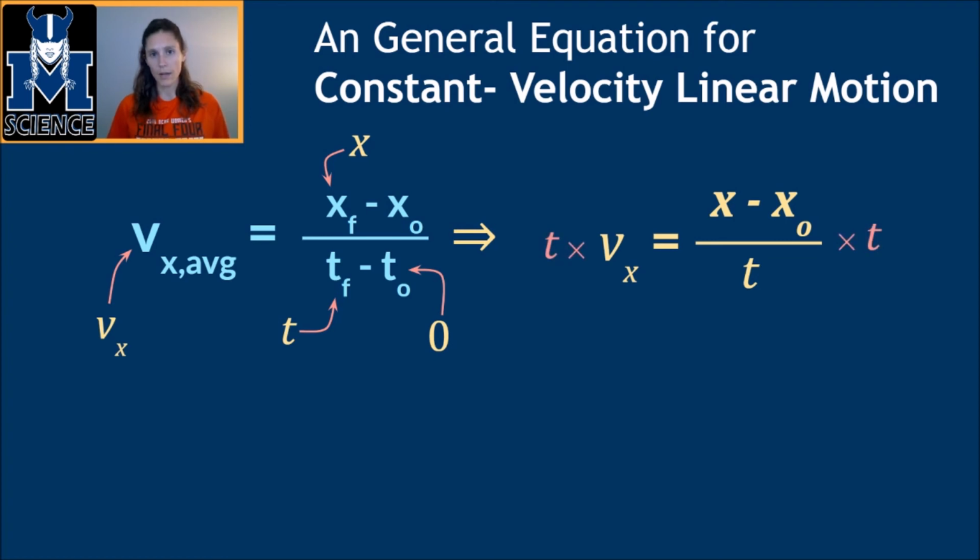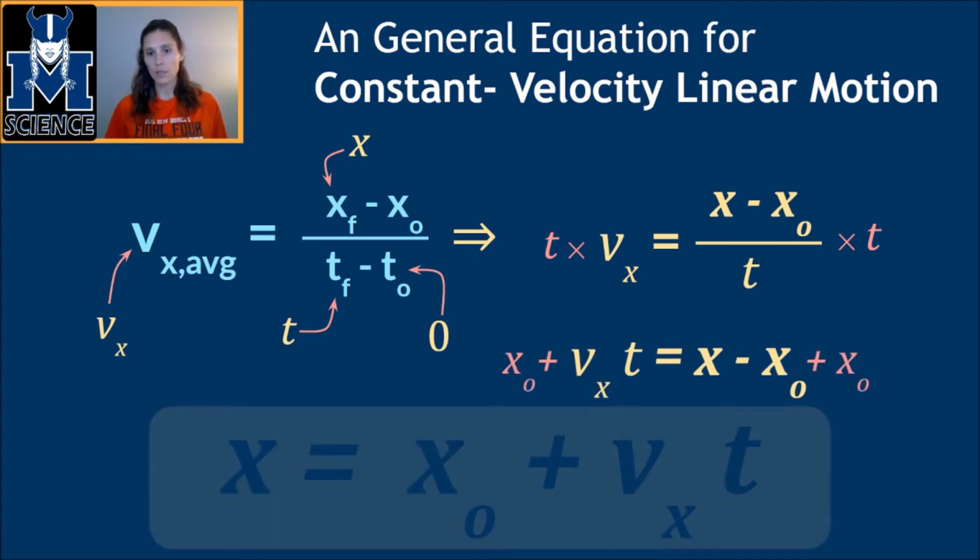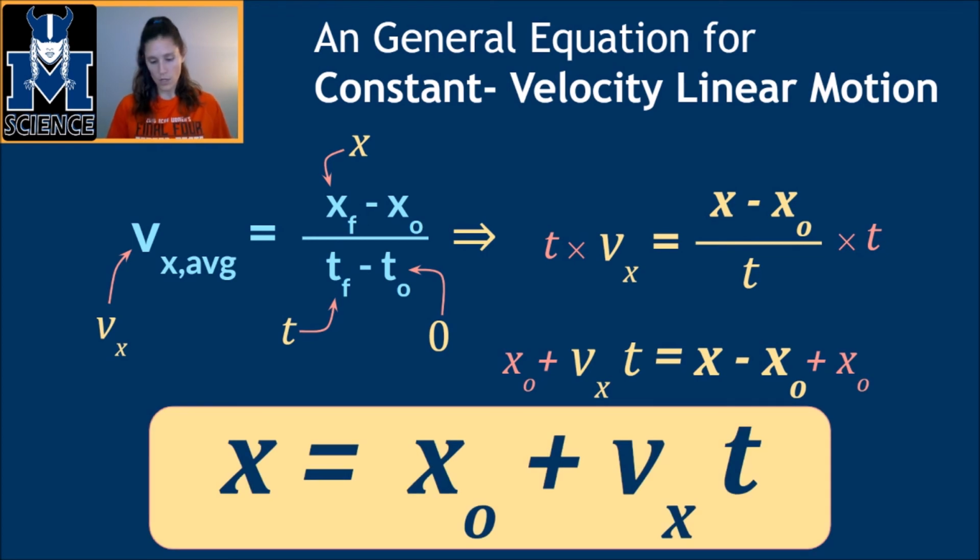Okay, if we multiply both sides by t, we get an equation that says Vx times t equals our displacement. And let's add x naught to both sides to get an equation that solves for our position as a function of time. So this will be useful for any constant velocity linear motion problem that you do.